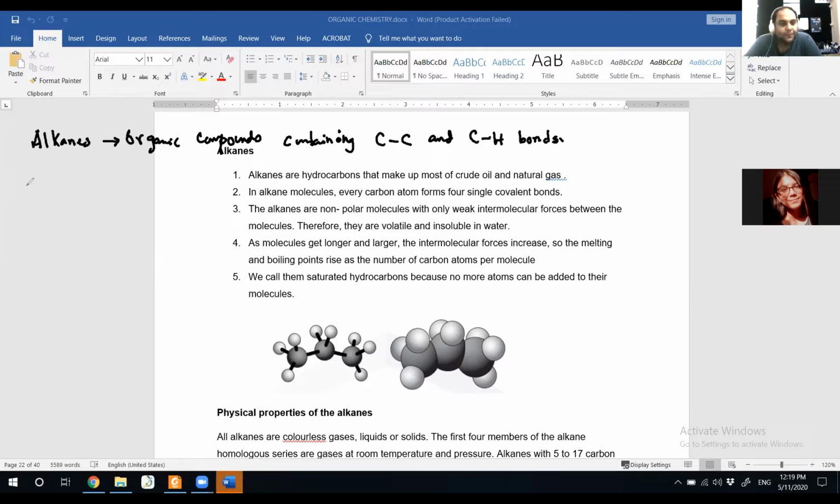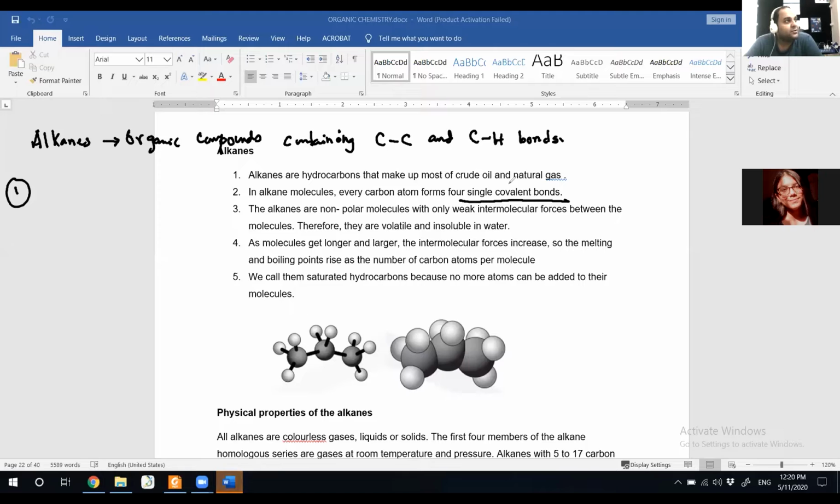Okay, so first of all, alkanes are hydrocarbons that make up most of the crude oil and natural gas. In alkane molecules, every carbon atom forms 4 single covalent bonds.